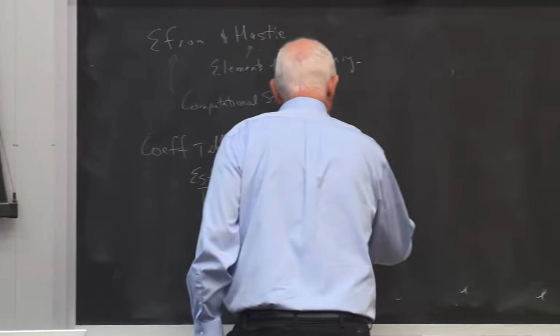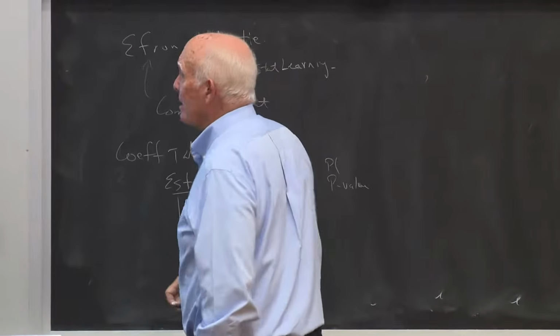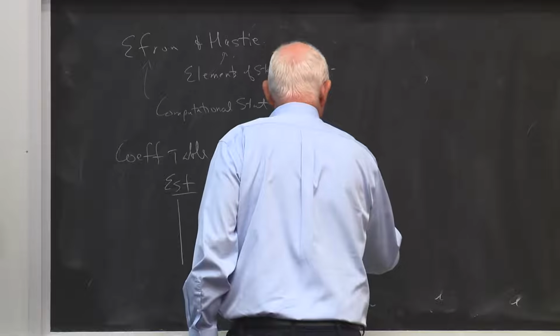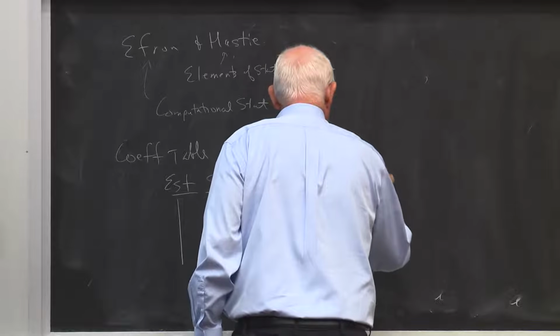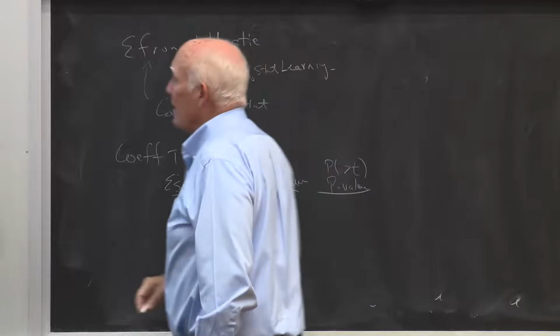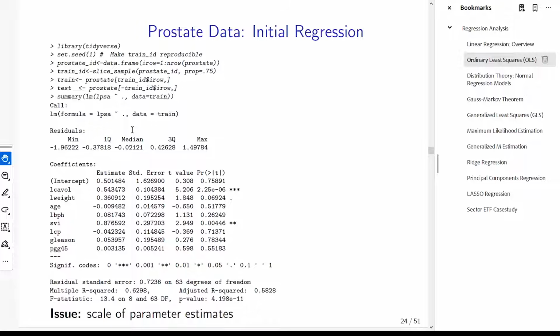This is the probability that we have a larger value of the t-statistic being observed. What's being tabulated here are the results of hypothesis testing for each of the regression coefficients equaling 0 or not in the true model. So we have estimates of these different regression parameters.